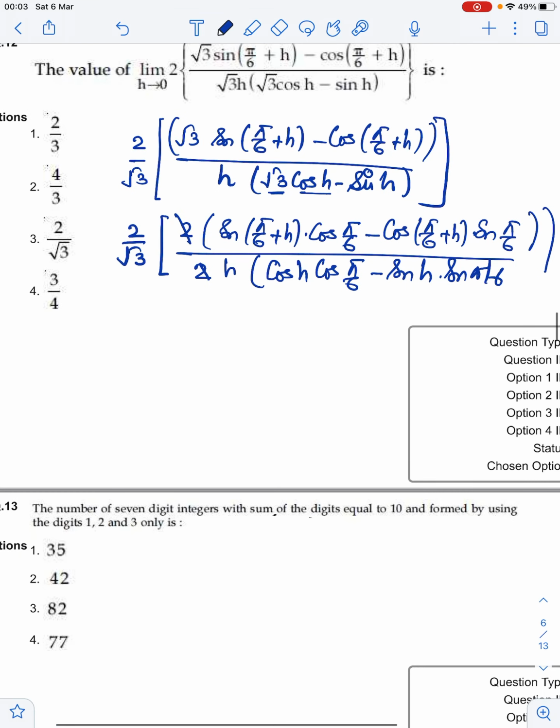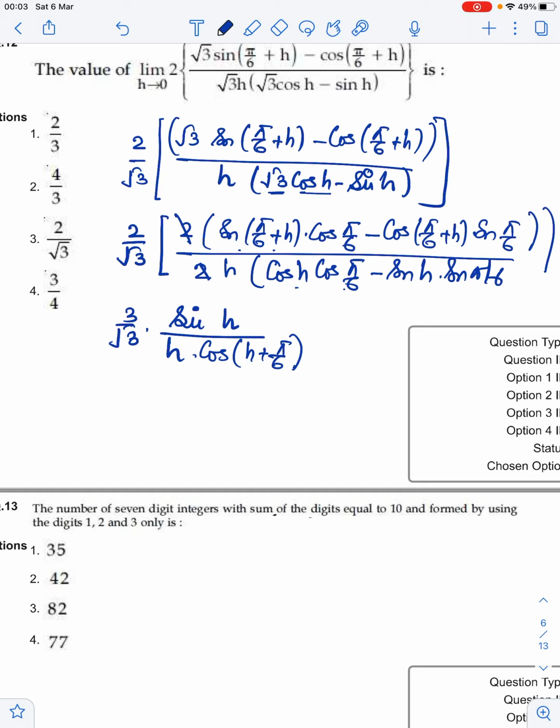Now 2 again cancels out, and this becomes 2 by root 3. The numerator becomes the sin(a minus b) formula, so this comes out to be sin h only, and the denominator is cos a cos b minus sin a sin b, so this is the cos(a plus b) formula, which is cos(h plus pi by 6).